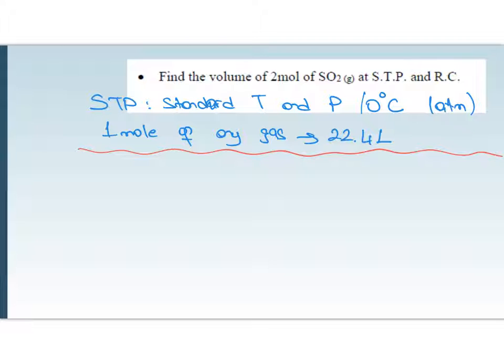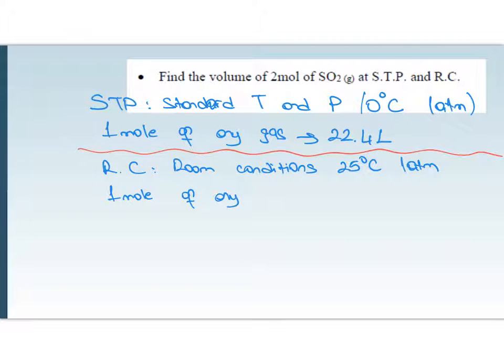Now comes the second one, which is RC. RC stands for room conditions, which is 25 centigrade degrees and 1 atm. So at this condition, 1 mole of any gas occupies 24.5 liters of volume.